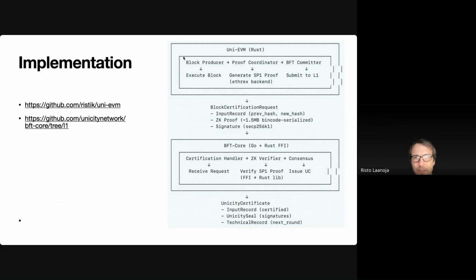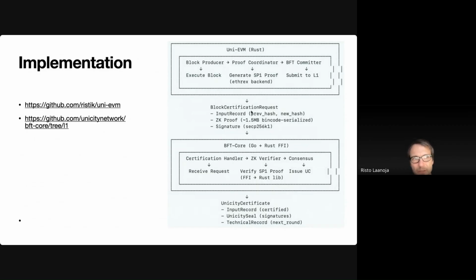So what happens is that the block is produced by a custom crate in this repository, but it's executed by Ethrex. The proof coordinator is custom, but the proof generation is based on Ethrex. And the guest program which runs the verification to generate the execution trace is custom, and the BFT committer to submit to layer 1 is also custom. But the main functionality comes from executing a block and proof generation from the Ethrex side.